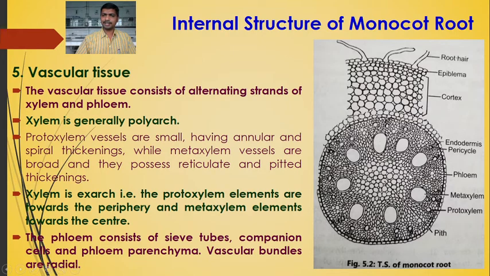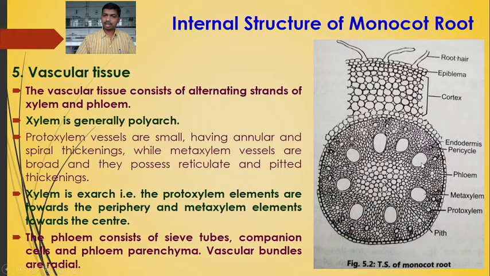Here this arrow is the metaxylem, and the small one is the protoxylem. Protoxylem is towards the periphery, metaxylem towards the center. Such a condition is an exarch condition. Such thickenings we saw in the types of tissue.